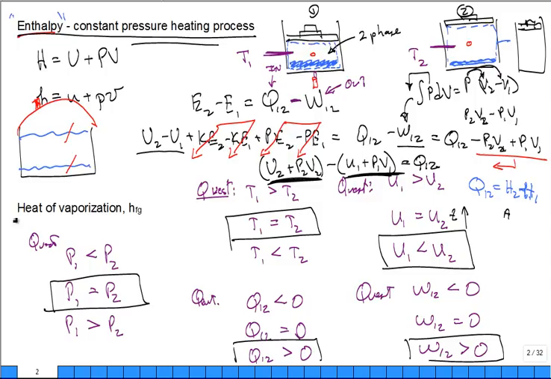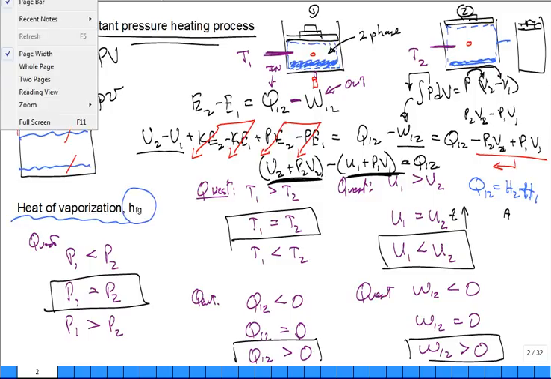Next one, what about the heat of vaporization, HFG? I need a new slide for that. Insert new page. If I start the problem, go back here, and I have just saturated liquid in that piston cylinder apparatus, true? This is 100% saturated liquid, no vapor, but it's saturated liquid.